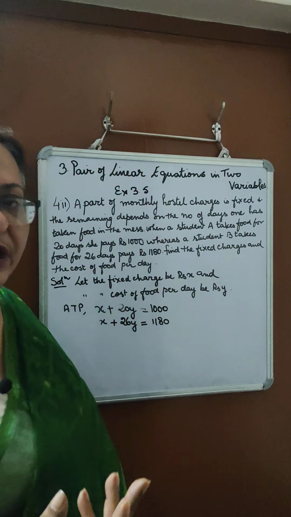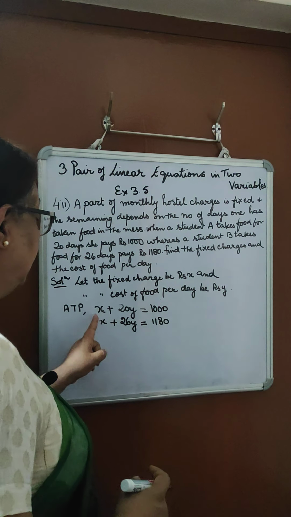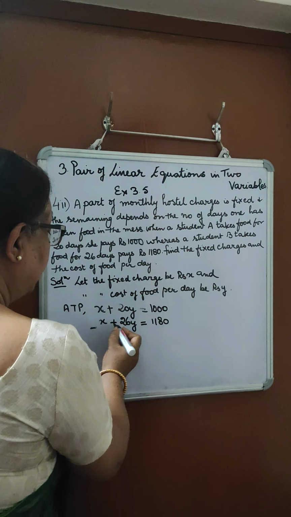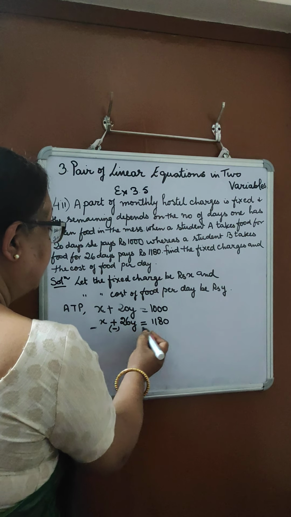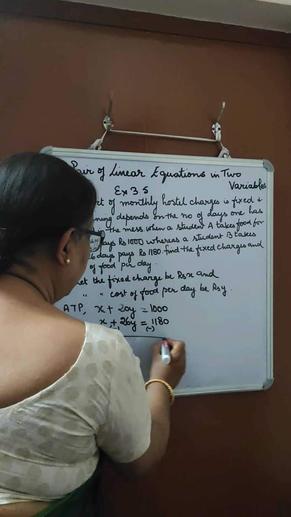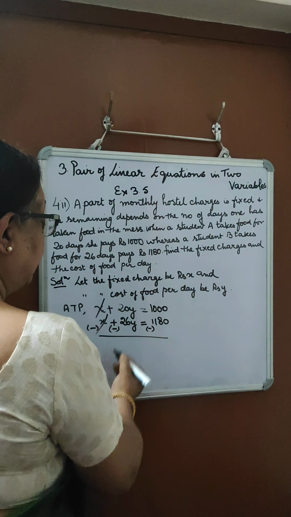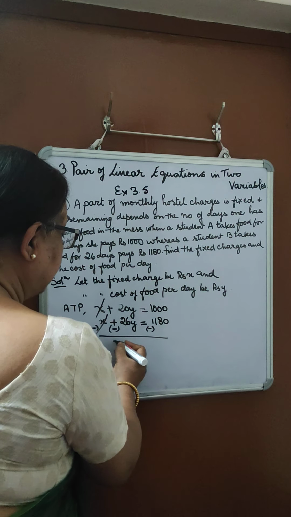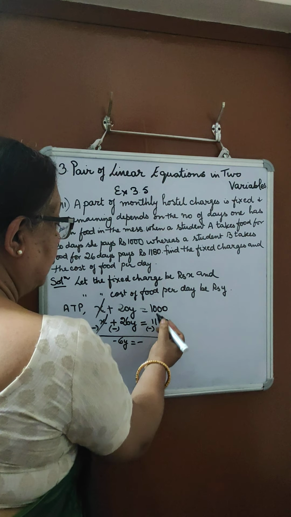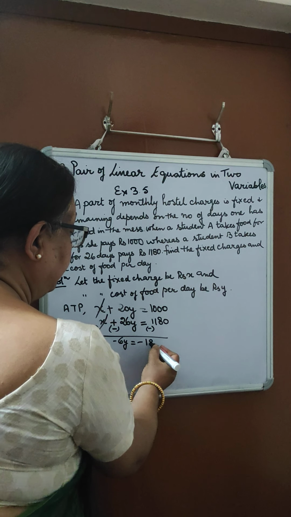So by elimination, what happens? The signs are same, so what do we do? We change the signs. Minus, this plus again becomes minus, again becomes minus. X minus X, 20 minus 26, that is minus 6Y equal to minus 180.